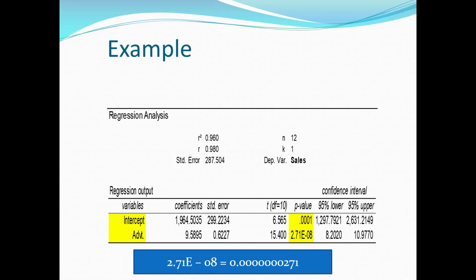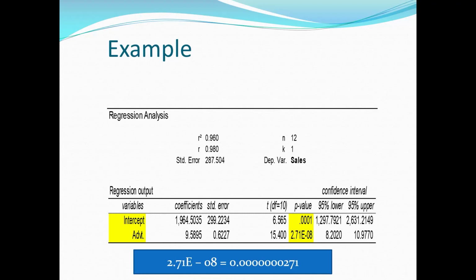Is it applicable to the population? We have to look at the p-value here. The p-value is given as 2.71 E minus 08. Now, this is a shortened way of writing the p-value. You see that minus sign.